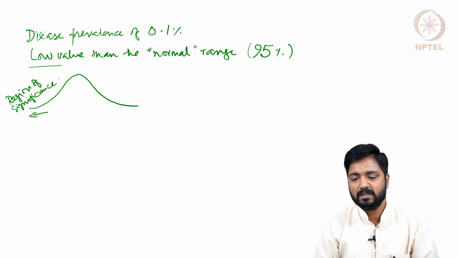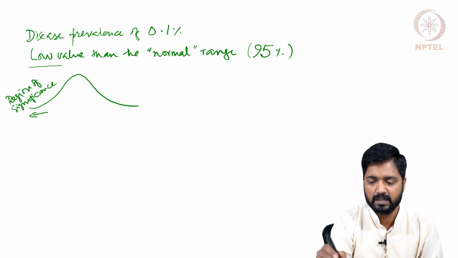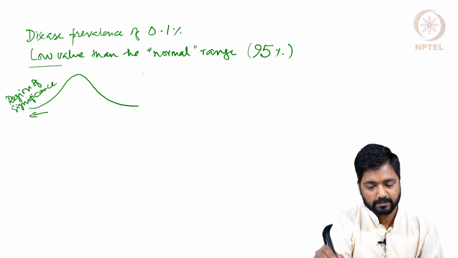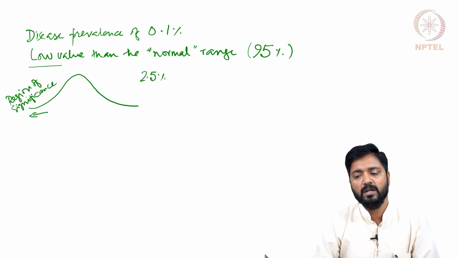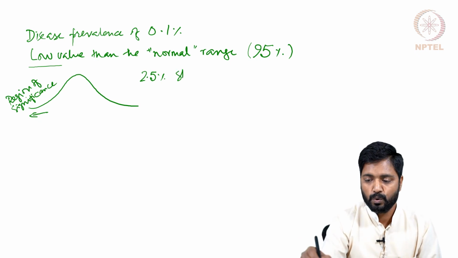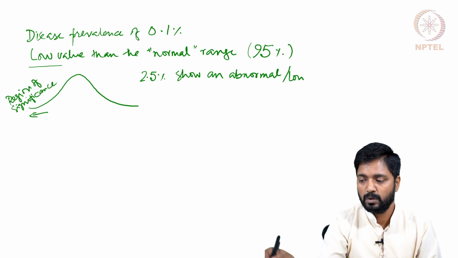Now I have been thinking about this. So essentially what we imply here is that about 2.5% of the population will show an abnormal low reading.